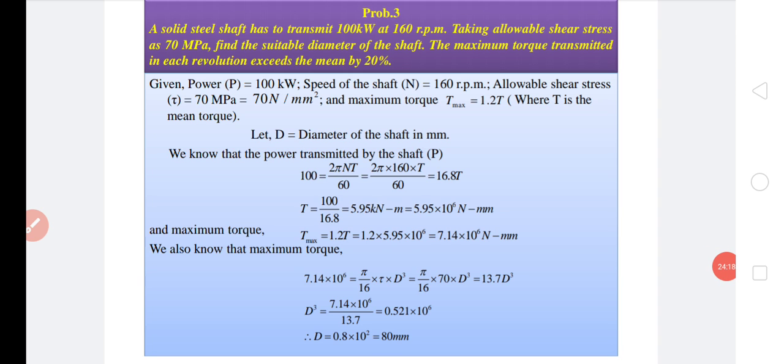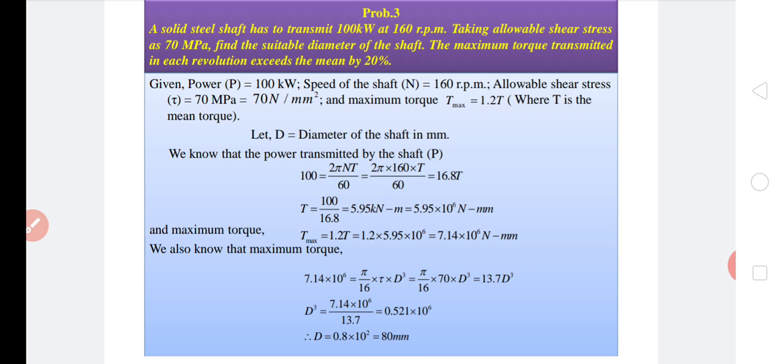In problem 3, a solid steel shaft has to transmit 100 kilowatt at 160 rpm, taking allowable shear stress as 70 megapascal. Find the suitable diameter of the shaft. The maximum torque transmitted in each revolution exceeds the mean by 20%.